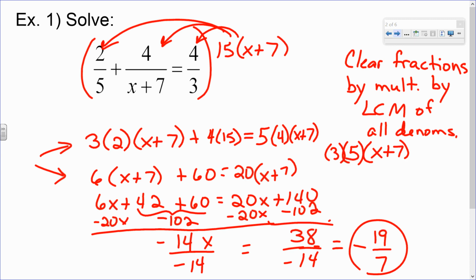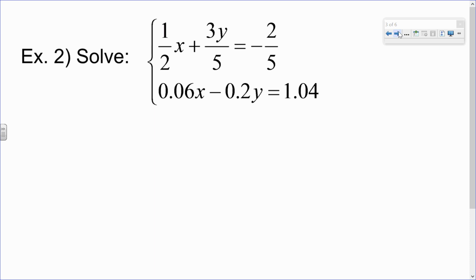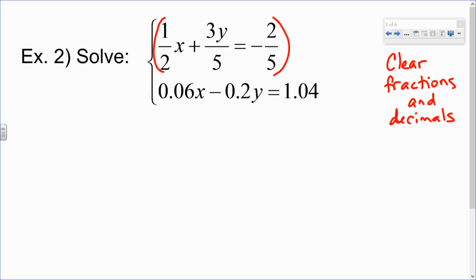Okay, let's do a system of equations, but one that's very, very messy. With this system of equations, I am going to begin by clearing the fractions in the top one and the decimals in the bottom one. So I need to get the least common multiple of these denominators.